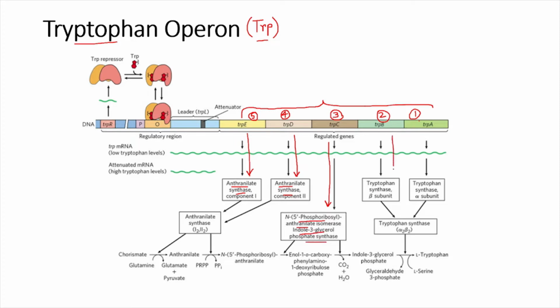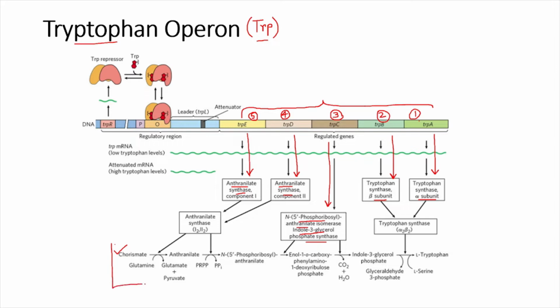The trpB structural gene codes for tryptophan synthase beta subunit, and the trpA structural gene codes for tryptophan synthase alpha subunit. All these intermediate enzymes are involved in the synthesis of tryptophan from its precursor chorismate.